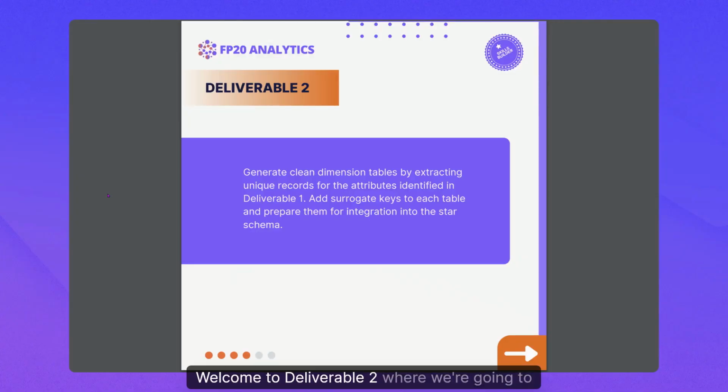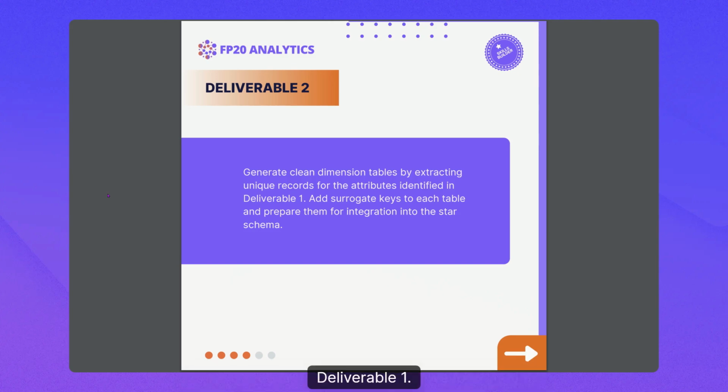Welcome to deliverable 2, where we're going to generate clean dimension tables by extracting unique records for the attributes we identified in deliverable 1. First, let's clarify surrogate keys and primary keys. A primary key is a unique identifier for a record in the source data, like client ID in a customer database.